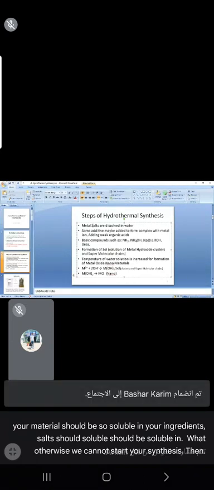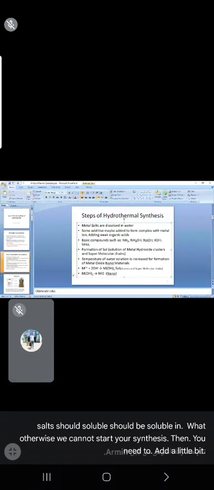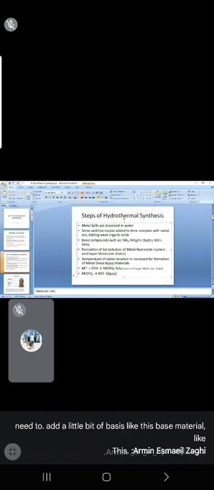Then you need to add a little bit of base compounds like ammonia, sodium hydroxide, potassium hydroxide, urea. All of these can be used as basic compounds.